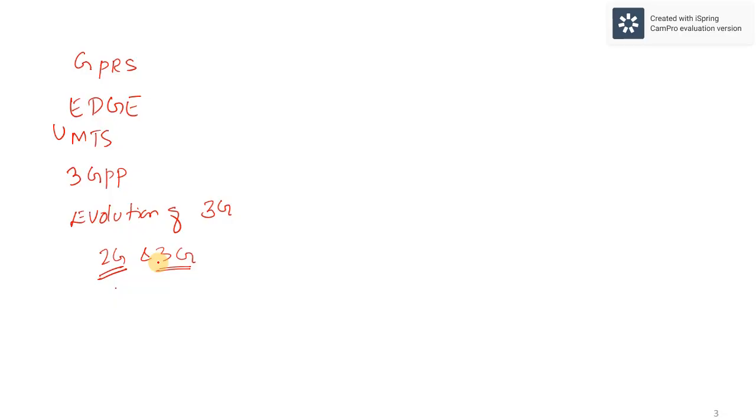Here the data rate for global multimedia mobility is 144 kilobits per second, and in urban areas it can go up to 2 megabits. So that is the standard for this one.